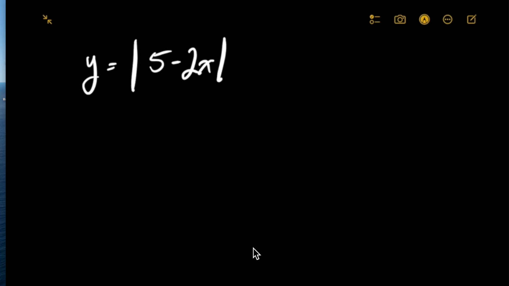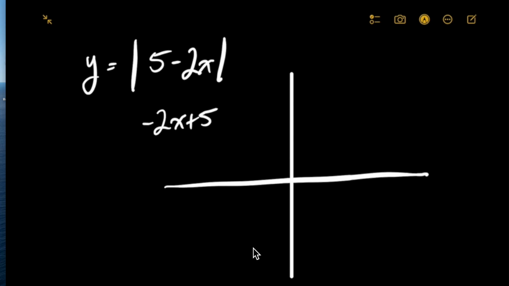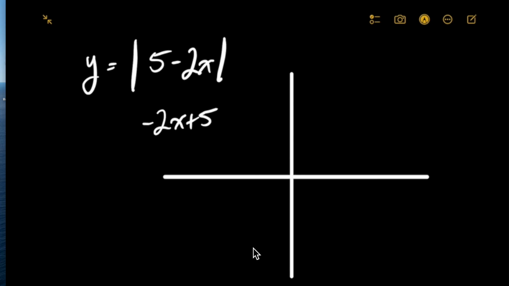So if I was to graph the line -2x plus 5, we would have a y-intercept of positive 5. And if we set y equal to 0, we would get an x-intercept of positive 5/2. So we would have a line with a slope of 2, but in the negative direction.